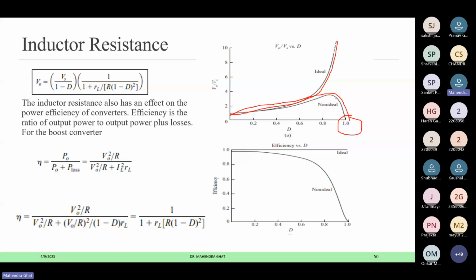So this is the actual output voltage you are getting for the boost converter in the non-ideal case. You can see you cannot achieve more than about 4 times the output voltage, depending on the R value. So in the non-ideality case, you will not have infinity.